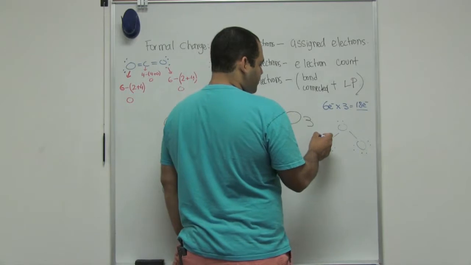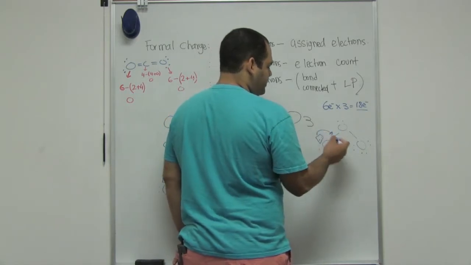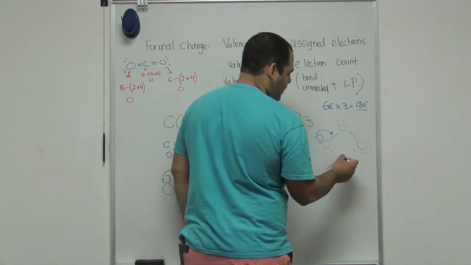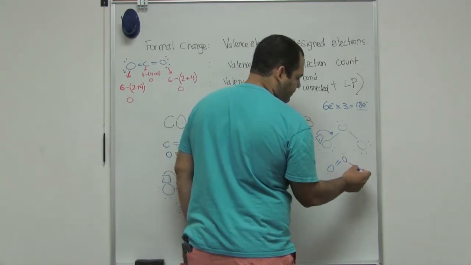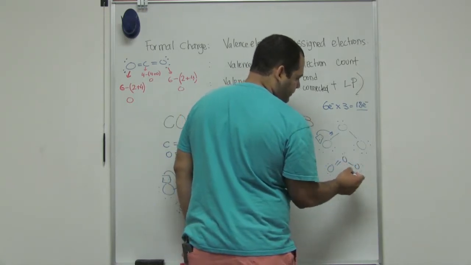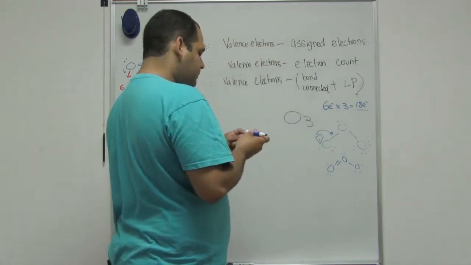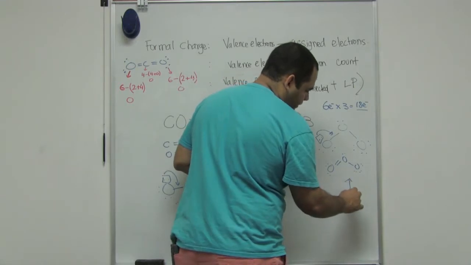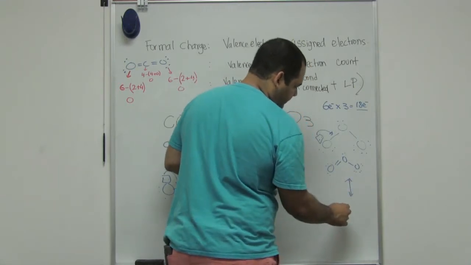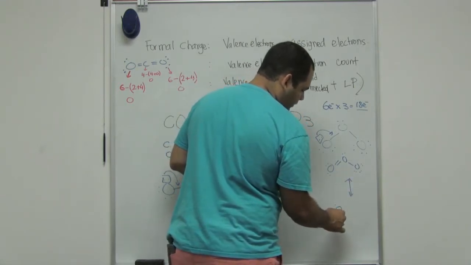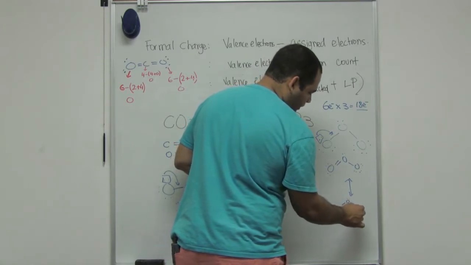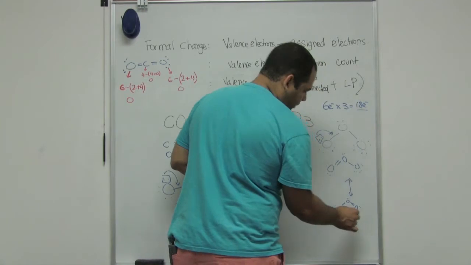So what I could do is use one of these lone pairs and dump it in there, making this a double bond. This is just a review from what we already learned in chapter 1. This has a resonance structure that will be this other molecule here.